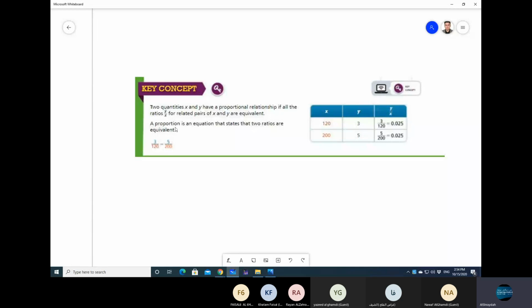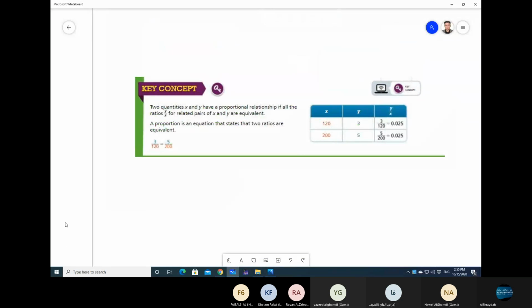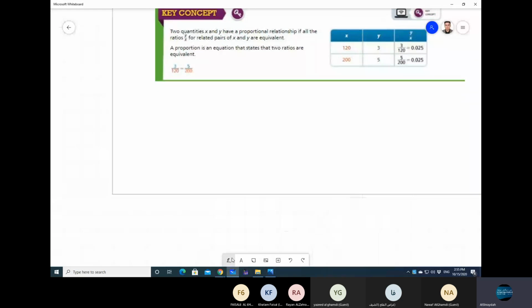Now, a proportion is an equation that states the two ratios are equivalent. Like here, you have 3 over 120. Let's try to simplify it together. 3 over 120 is equivalent to 5 over 200. Why?